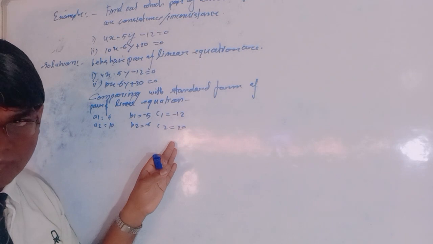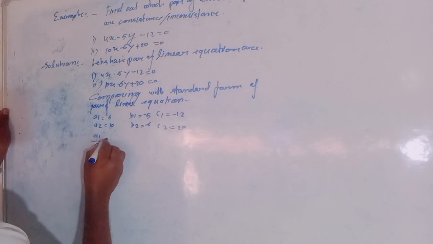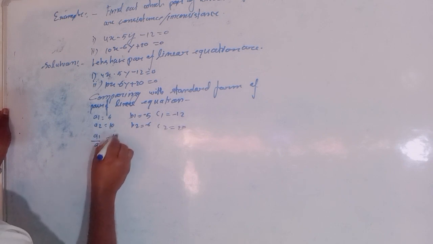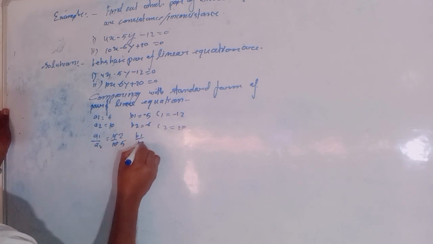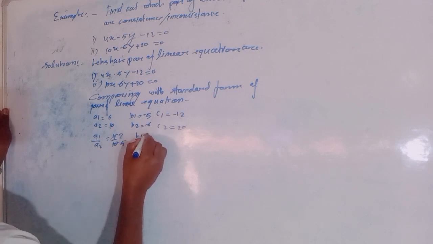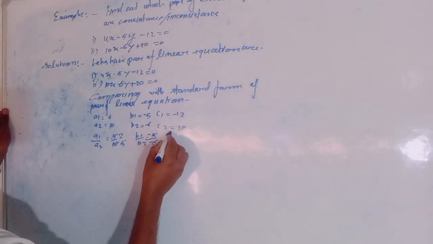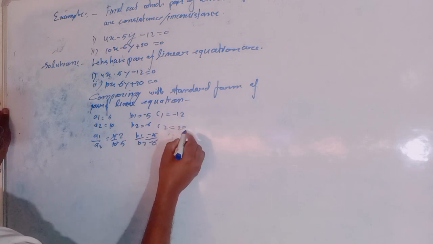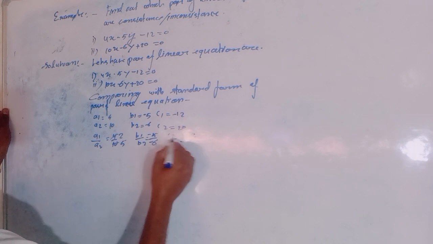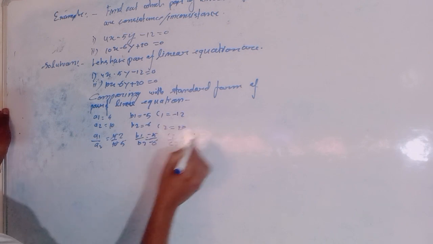Now write the comparisons. a1 by a2 is equal to 4 by 10. b1 by b2 is equal to minus 5 by minus 6. c1 by c2 is equal to minus 12 by 20, that is 3 by 5.